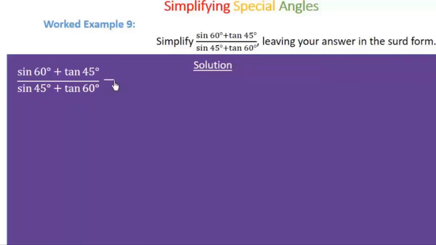So we have sine 60, which is the same as root 3 over 2, plus tan 45, which is the same as 1, all over sine 45, which is root 2 over 2, then plus tan 60, which is root 3.